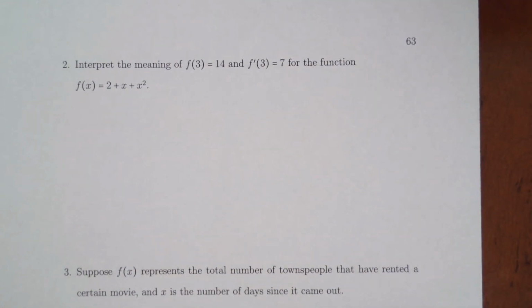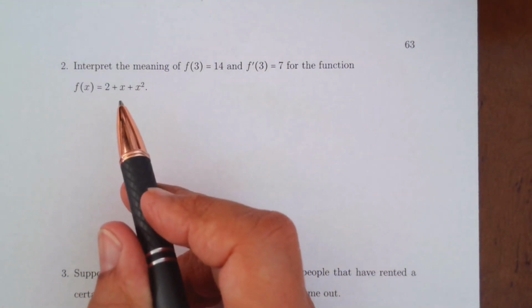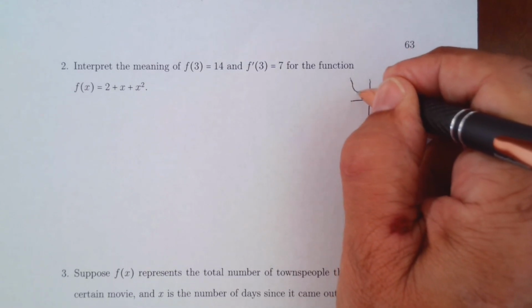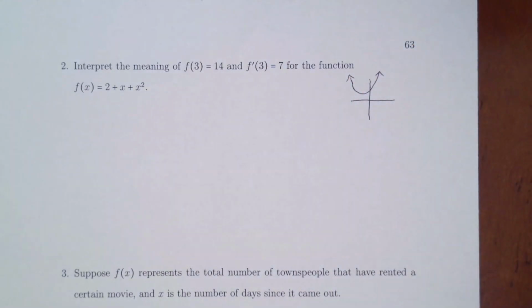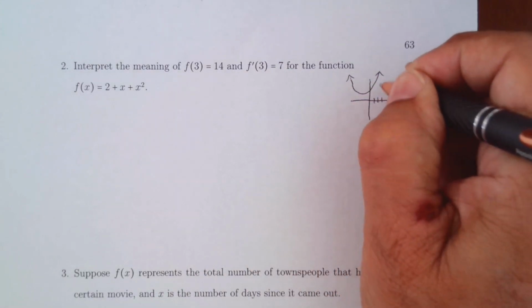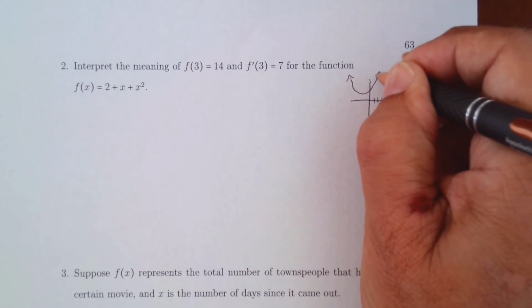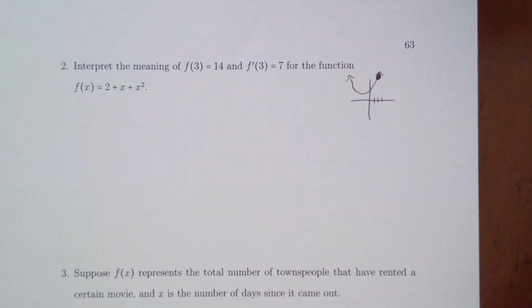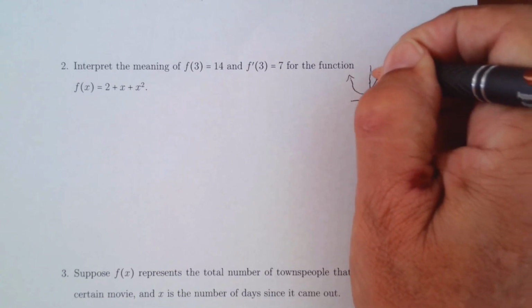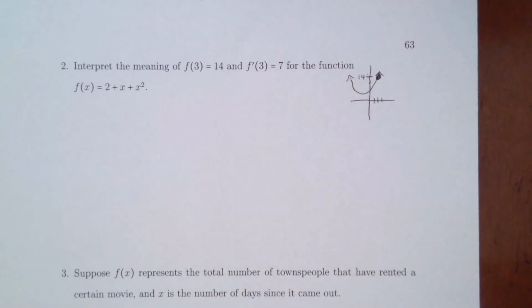All right, let's try it again for number 2. Interpret the meaning of f of 3 equals 14 and f prime of 3 equals 7 for this function. Well, this function is a parabola. It looks something like that. And we're looking at when x is 3, so 1, 2, 3, somewhere up here. What does this mean? That's the ordered pair. When x is 3, the y value is 14.